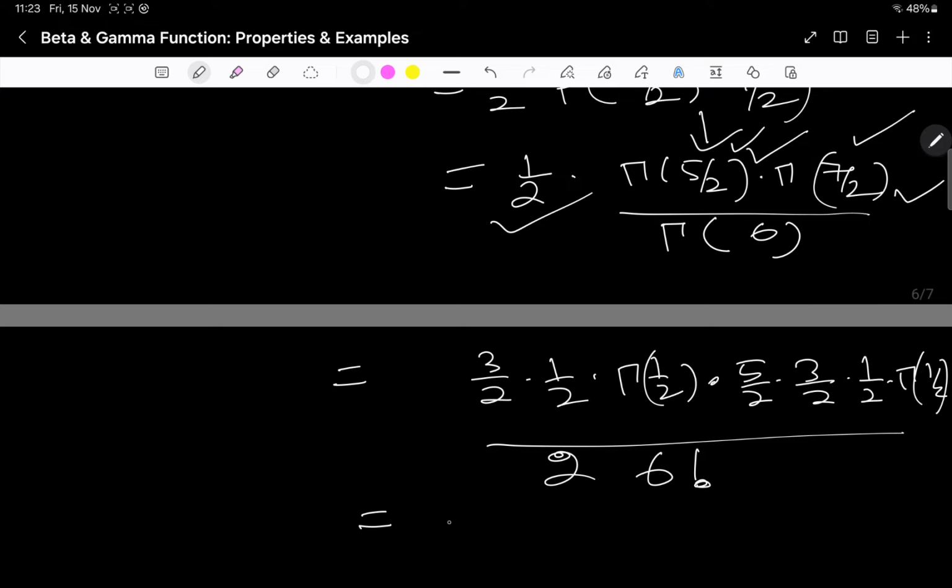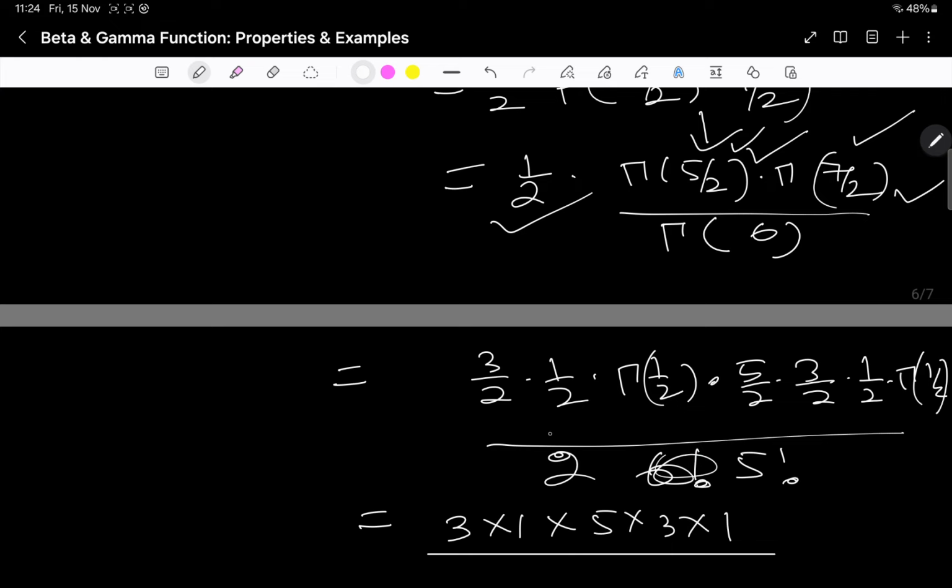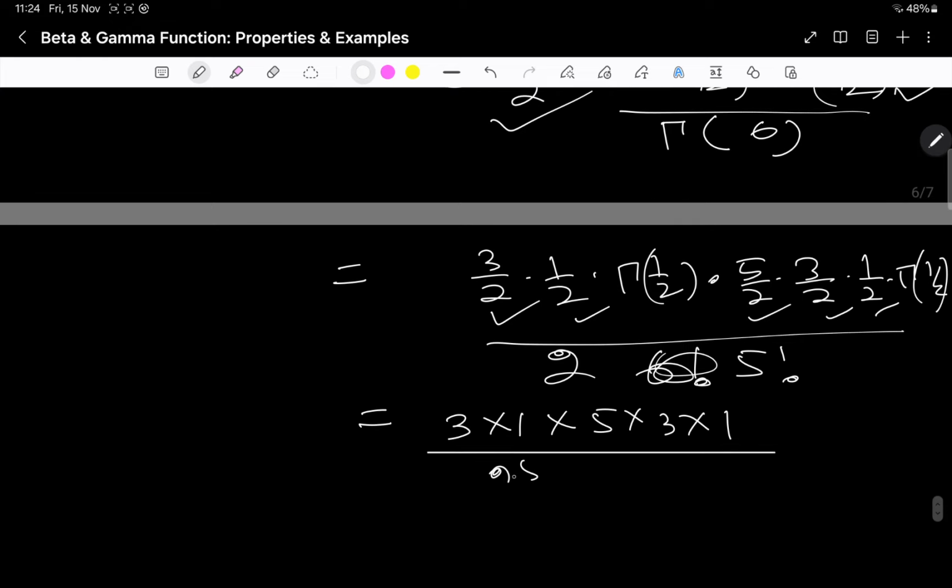So this is here 3 into 1 into 5 into 3 into 1 divided by 2 to the power 5, this is 2 to the power 6, and 5 factorial, it is root pi into root pi is your pi. You should solve it. Okay.